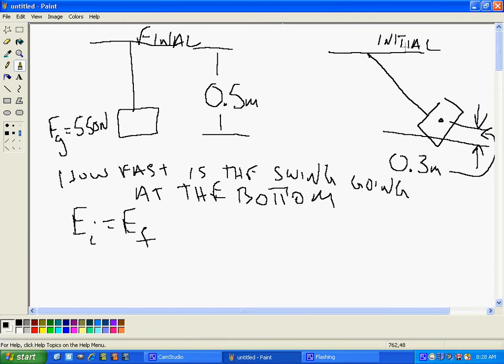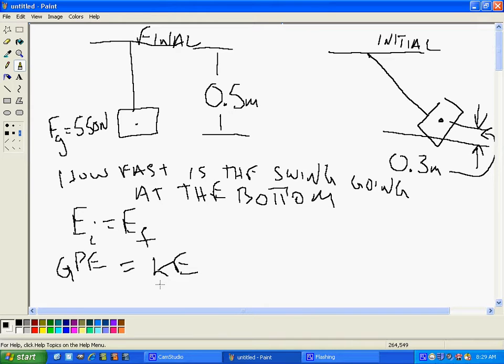If this is the initial position, what type of energy do we have? Well, originally we have gravitational potential energy, and finally, when it's at the bottom, we have kinetic energy.